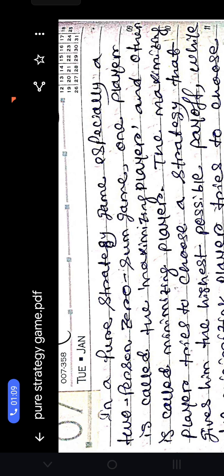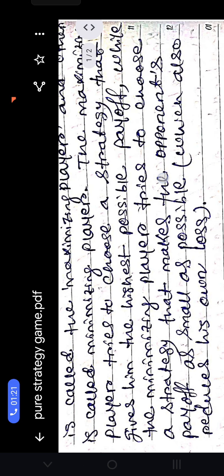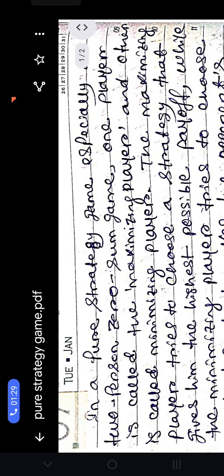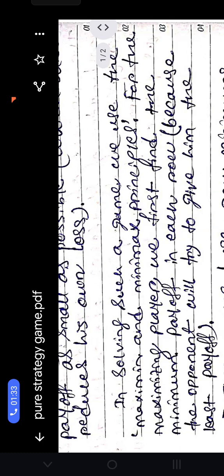Player A, who is the maximizer, wants to take the strategy that gives him the maximum payoff, and player B, who is the minimizing player, tries to choose the strategy that gives him the least loss. As one's profit and one's loss are equal, this is a two-person zero-sum game.